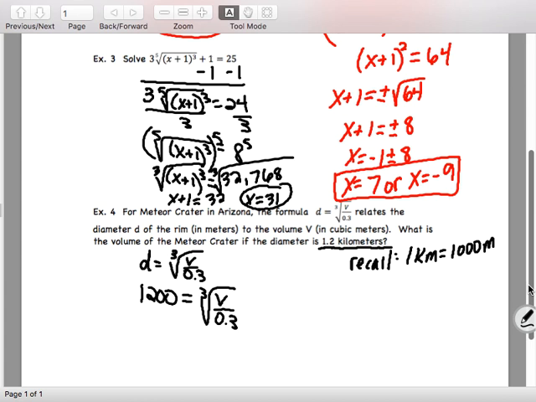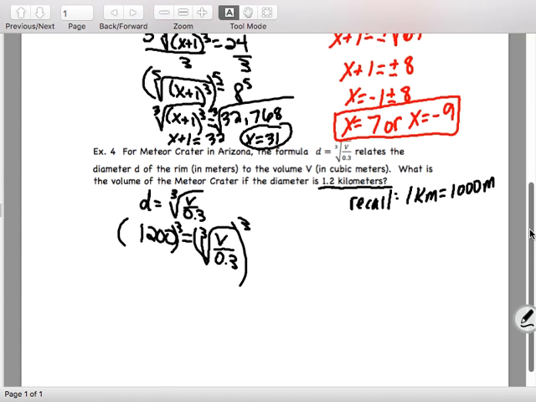So it's giving me the diameter. And it says in the problem the diameter has to be in meters. So when they gave me kilometers, I had to do a unit conversion. So I'm going to cube both sides. And this is going to give you a really big number.